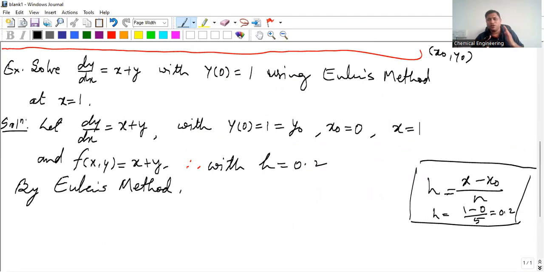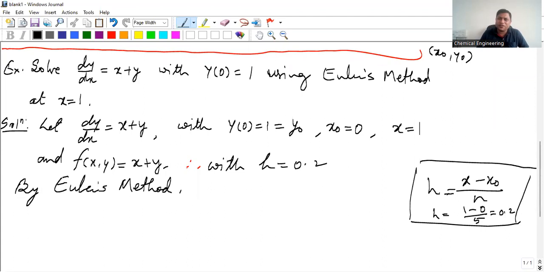If you take more number of steps, your answer will be more accurate. Here again we are going with an approximation. If you take more steps, that means the step size will be smaller, and if your step size is smaller, then your error will be less and your answer will be more accurate. But usually we go with the 5 steps.